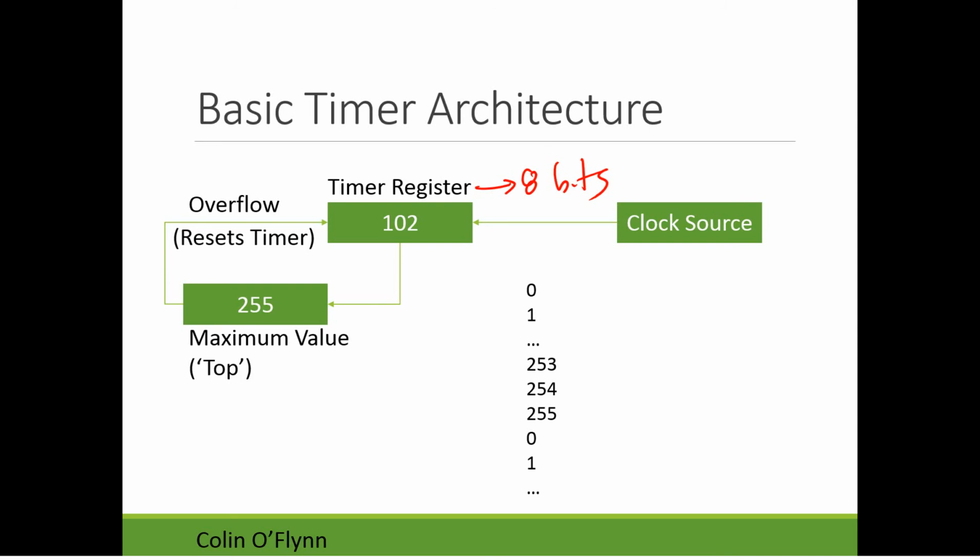There's no way it could count higher. We might have an ability to restrict it, so it only counts to 10 and then resets. But in this case, I'm saying the absolute maximum value is 255. So you can see the count sequence goes 0, 1, 2, 3, and so on, 253, 254, 255, 0, 1, etc. So it's always just going through this count sequence.